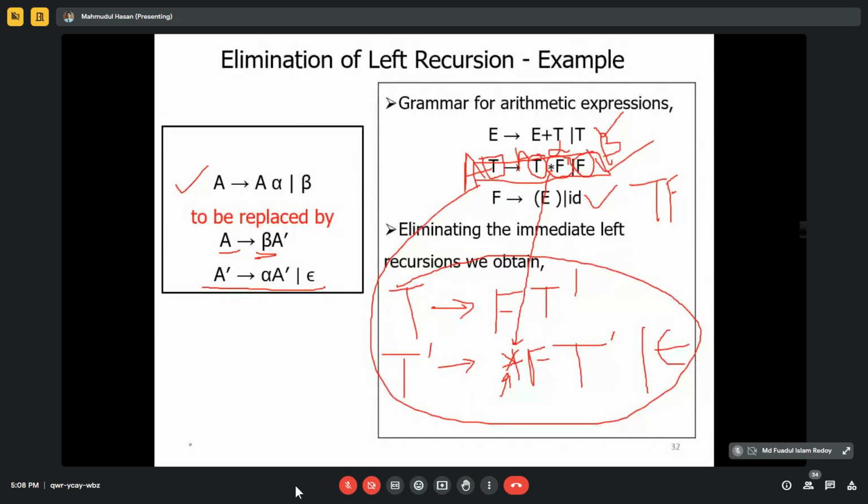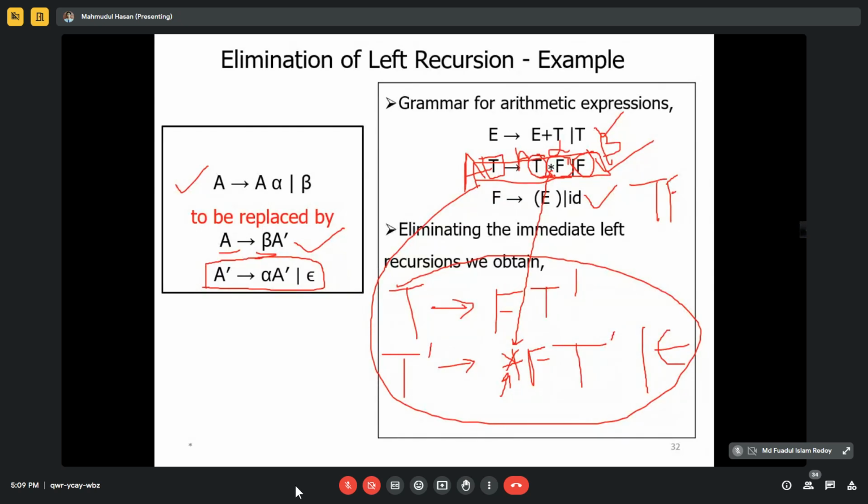So you need to look at the formula. The first one is done. The second one is A dash to alpha A dash, and A dash means T dash because here A is T. Then alpha is asterisk F. That is the alpha.